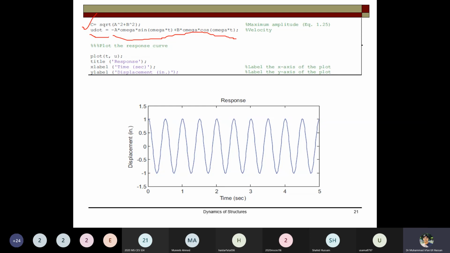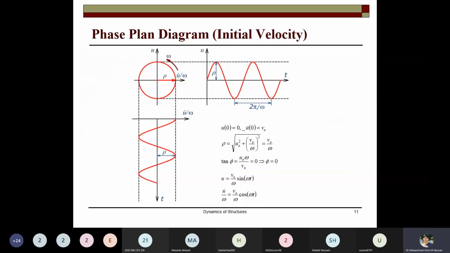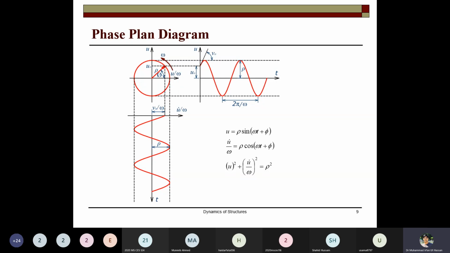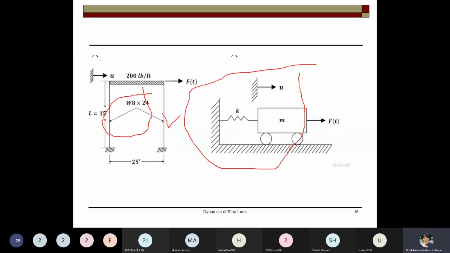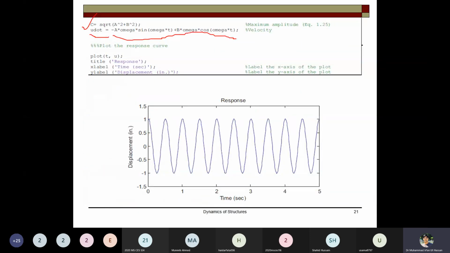Whatever you have to do, whatever I have explained today, you can plot all the responses. This is the response for this case of ours, and you can plot it because you have all the parameters. So you have determined all these parameters, so you can plot different responses. At the moment, one value is plotted, and you can plot more values also.